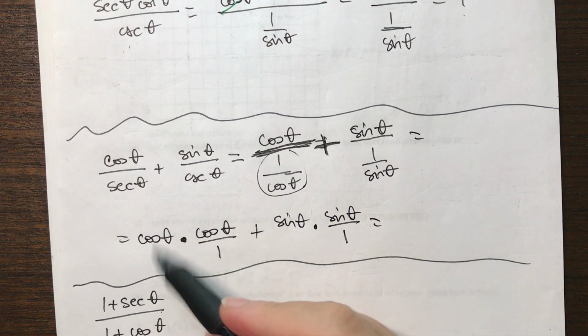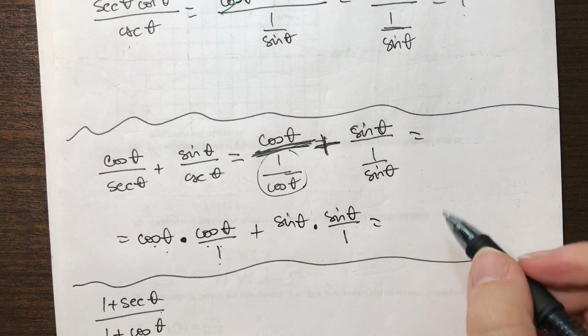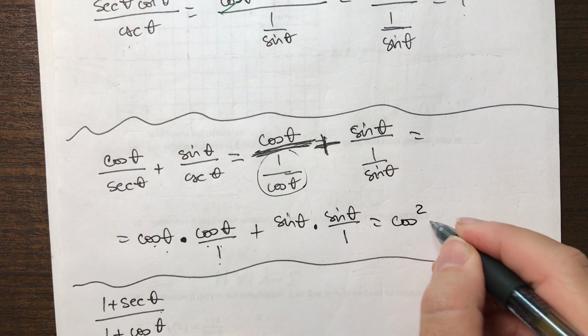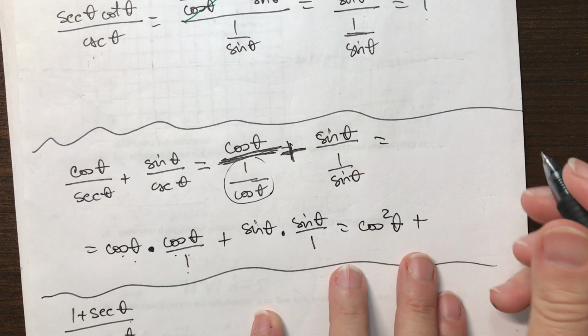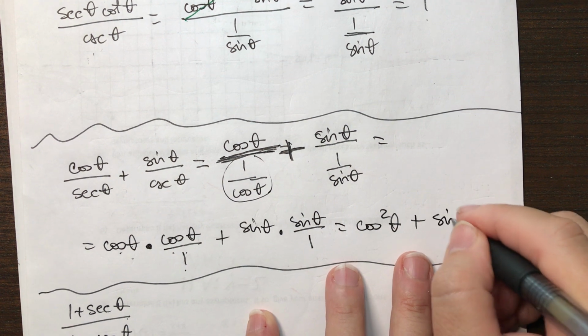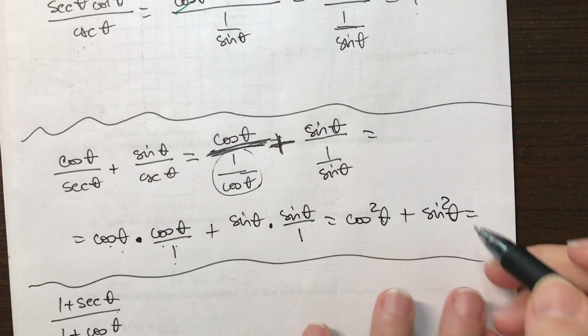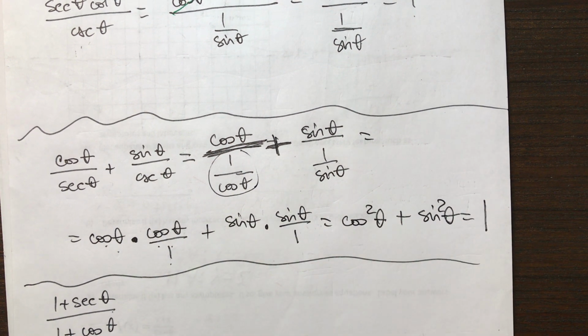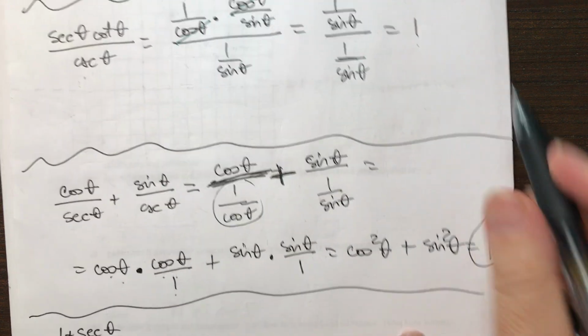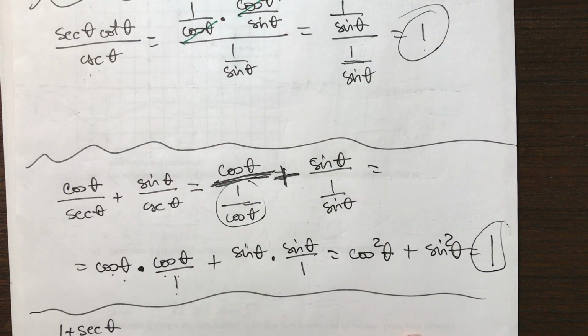And sure enough, what's cosine theta times cosine theta over 1? That's the same thing. Cosine times cosine is a cosine squared value over 1. So itself plus sine squared theta. And by the way, have you seen this before? Sure enough, that's our Pythagorean identity that adds up to 1. Again, way simpler than the beginning.